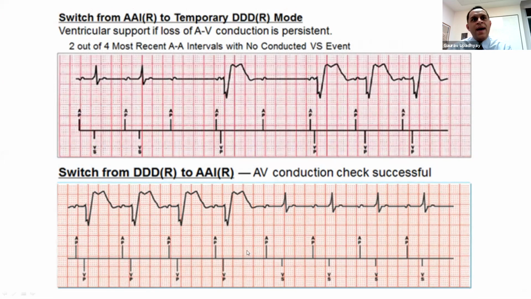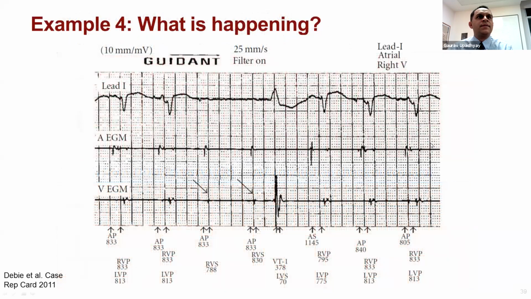And then it can switch back relatively quickly as long as there is a conduction check. So it'll actually stop pacing and allow it. When you see 1 dropped beat, you don't know if it's malfunction or not. And certainly when you have 2, that's a concern. But when you have 2 dropped beats followed by resumption of pacing, you should think about managed ventricular pacing.